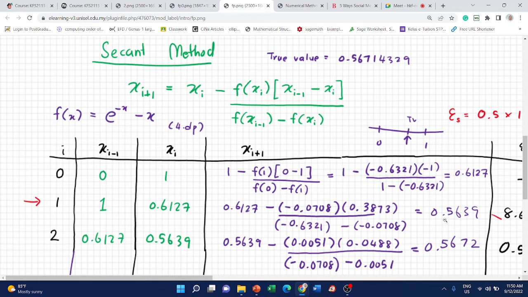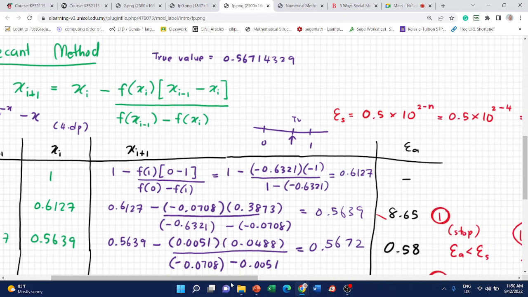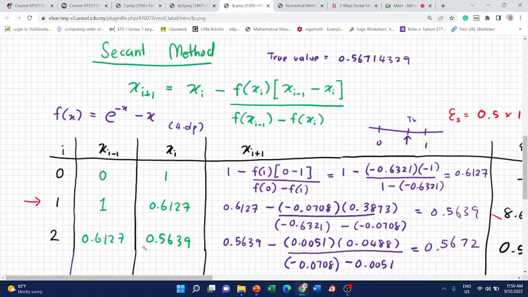Okay, so at the second row, we have latest value 0.5639. Now, let's see the absolute error you can compare. Just to show, not compulsory to compute, depends on the questions. This is, we have 8.65%. Okay, at row number 3 now, 0.5639.